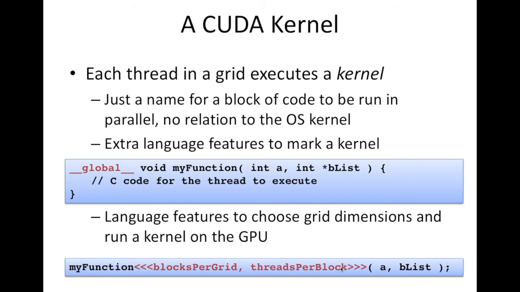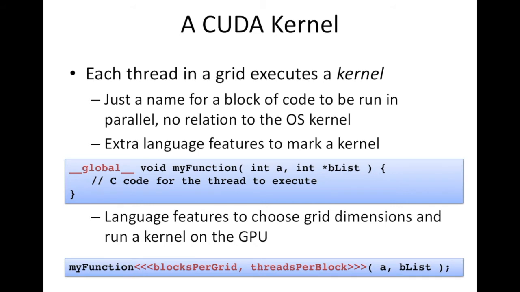This stuff in the middle, well, those tell the geometry of the grid and the blocks in the grid for running that kernel. So when you farm off code to the device, it's not going to run on just one thread. It's going to start it up running on hundreds or thousands of threads all at once, or as fast as the device can schedule them to run.